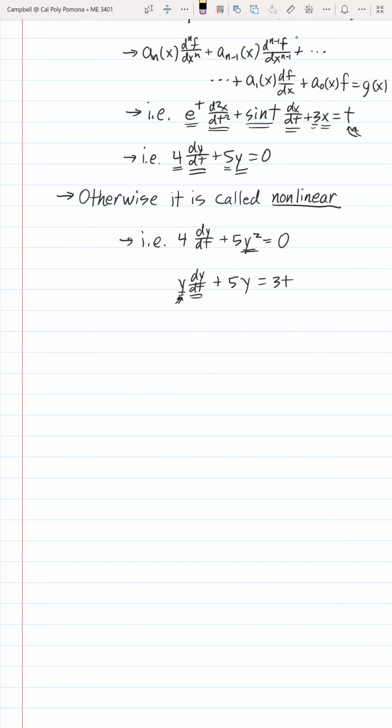Let's talk a little bit more about being linear. We're going to see an interesting, I don't want to say consequence, but an interesting property associated with the definition of a linear differential equation.